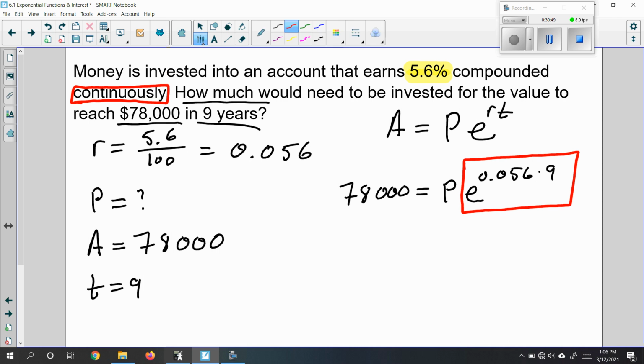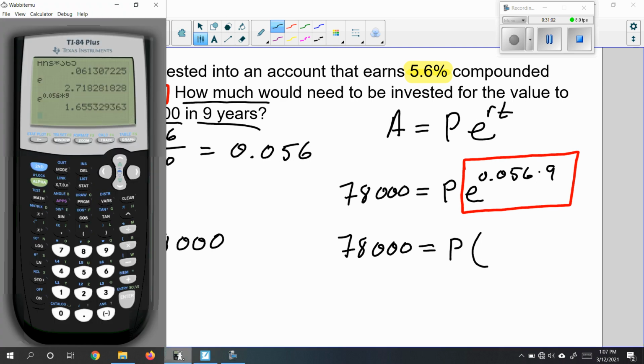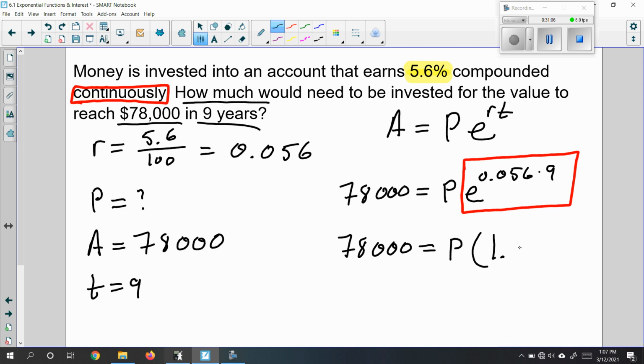So this number right here was, what was it again? 1.655.